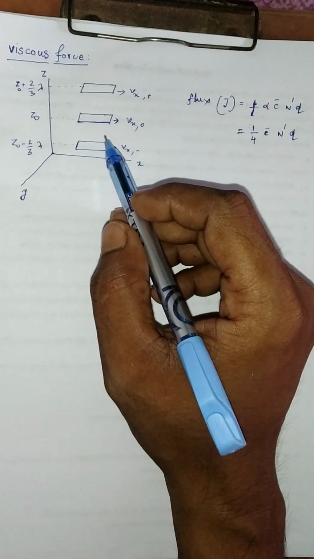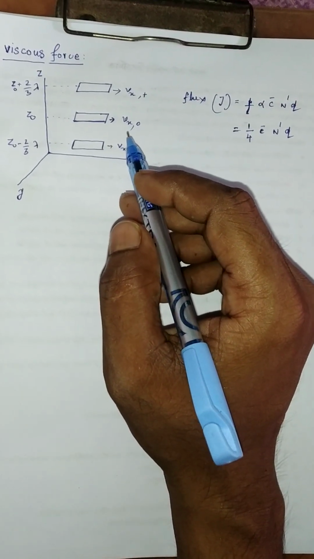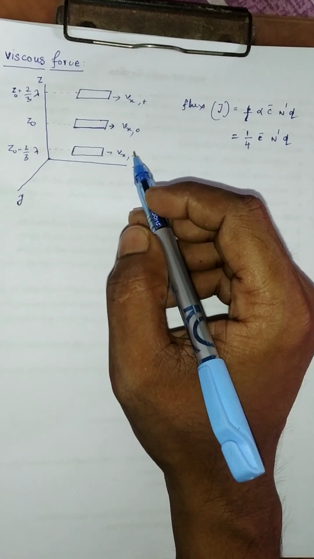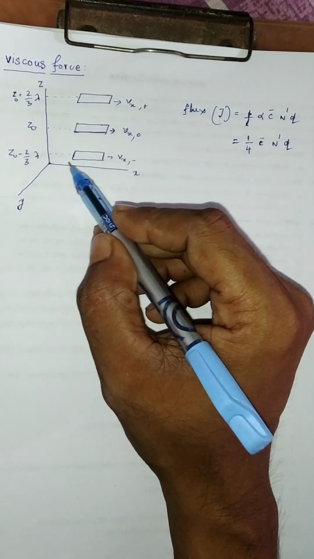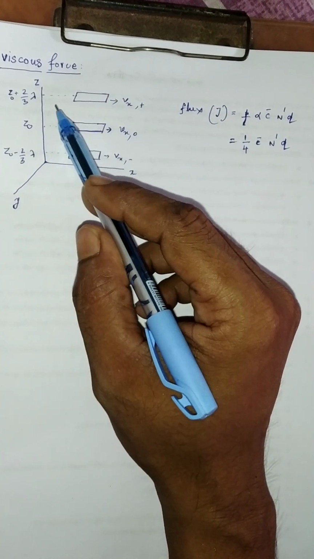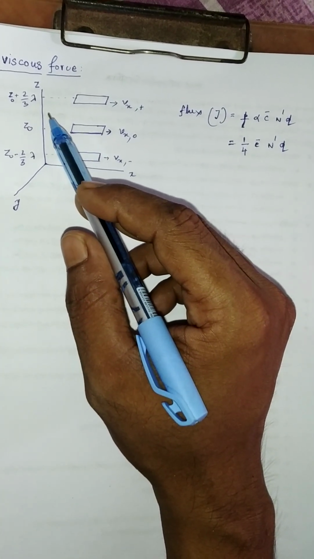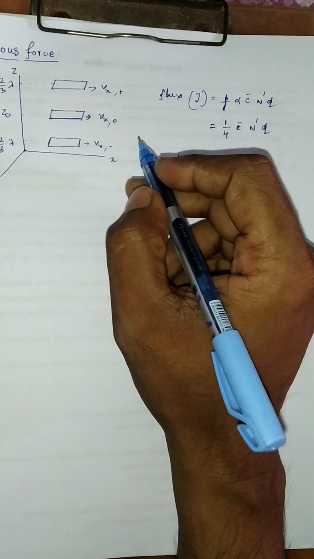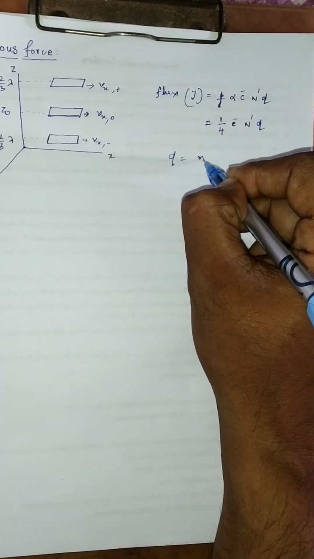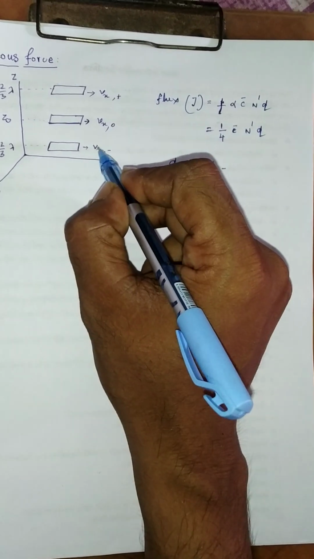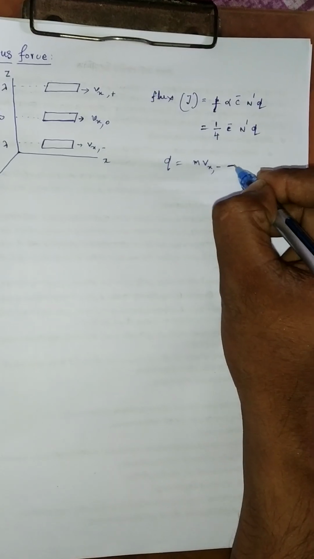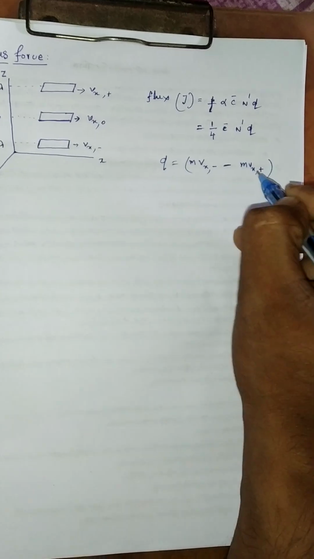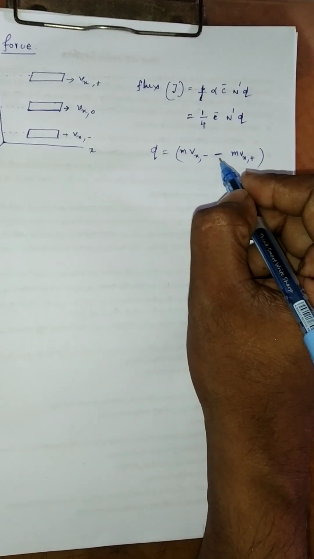Here we will consider the physical quantity transported Q to be momentum. So the momentum is transported from the layer at Z0 minus 2 by 3 lambda to Z0 plus 2 by 3 lambda. If m is the mass of the molecule, the net momentum transported is m Vx minus from this layer, minus m Vx plus, which is the change in momentum.